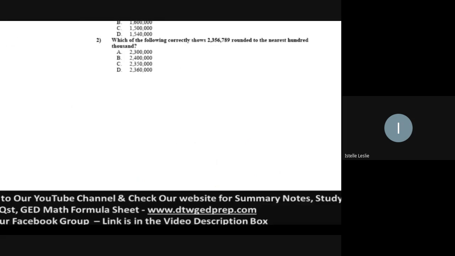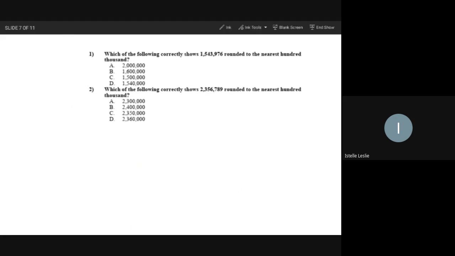Yes, so can we try question 2 here? Okay, somebody is asking a question. Yes, the 4 stays the same. That's why I looked at D. No, remember what you are looking at is the 100,000.